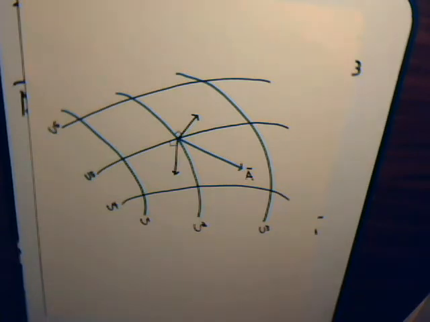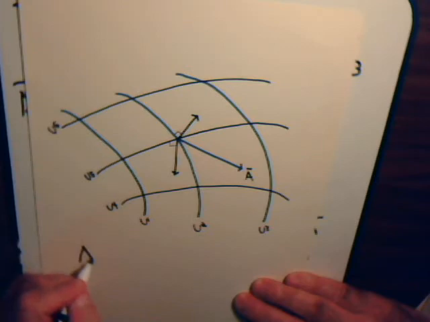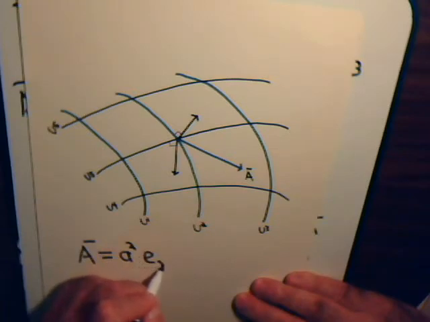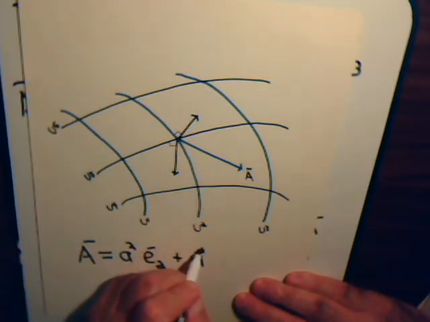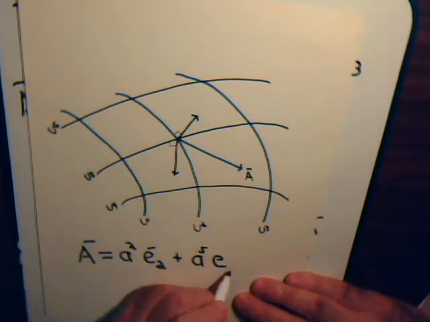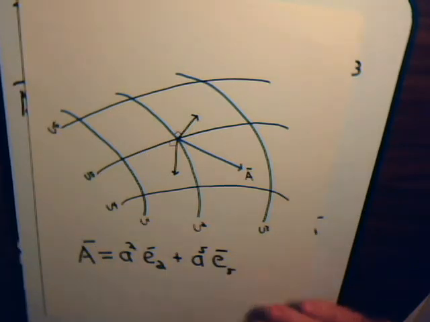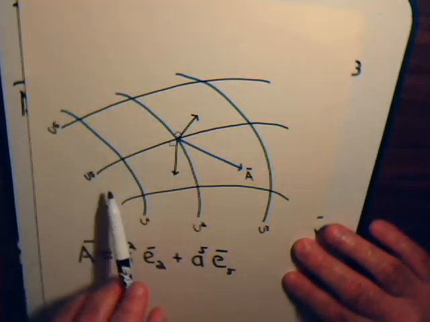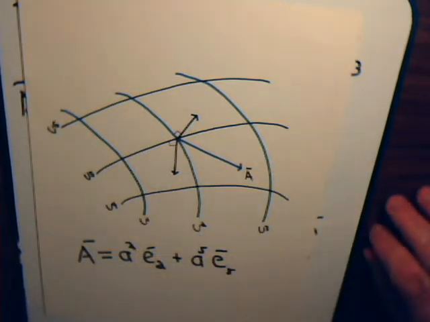So we could just say that A, ignoring the other axes for the moment, is equal to A2 E2 plus A5 E5. Again, simply expressing A considering the U2 and the U5 axes.